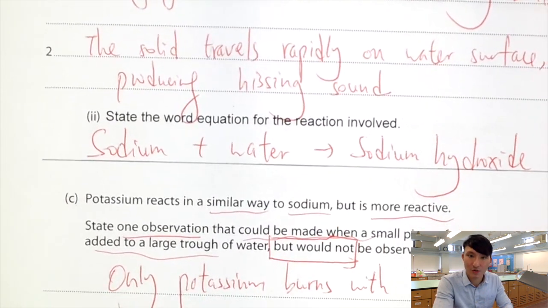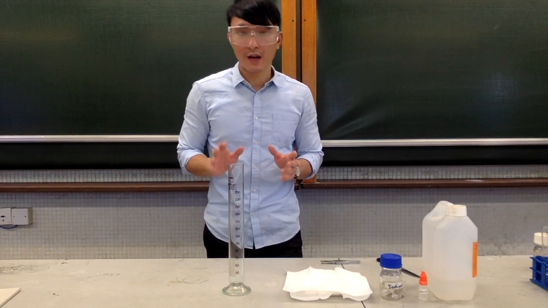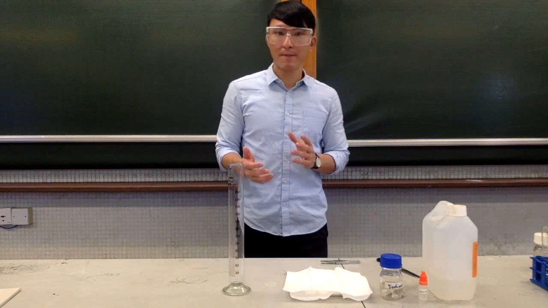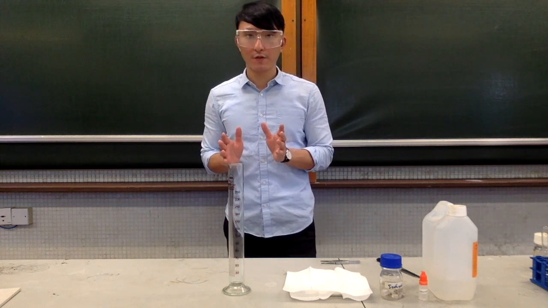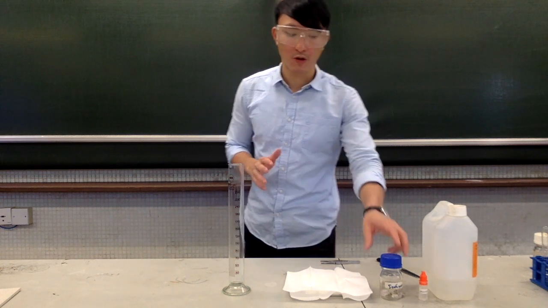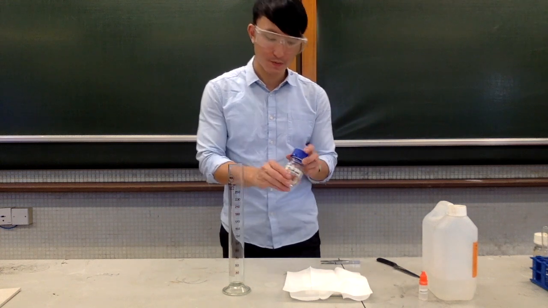Let's move on to the experimental demonstration. Alright, so now I'm going to show you the jumping metal experiment. First of all, we are going to prepare a small cube of sodium metal.